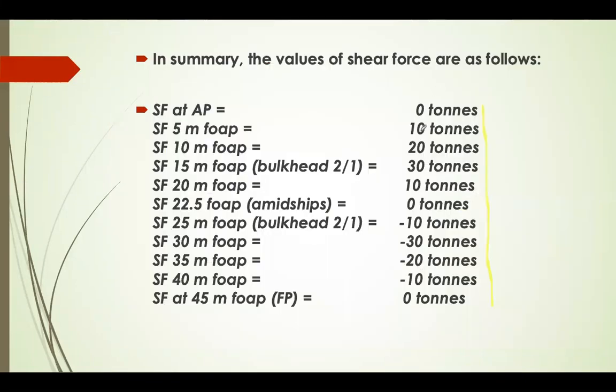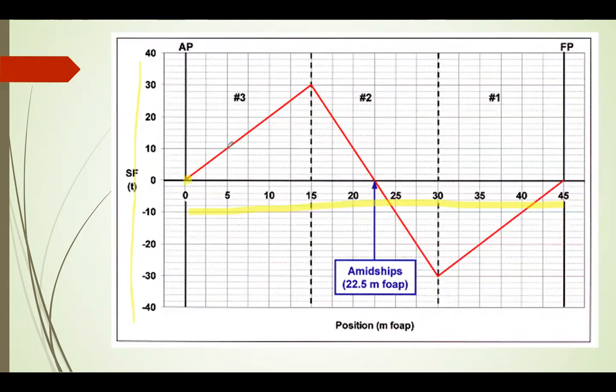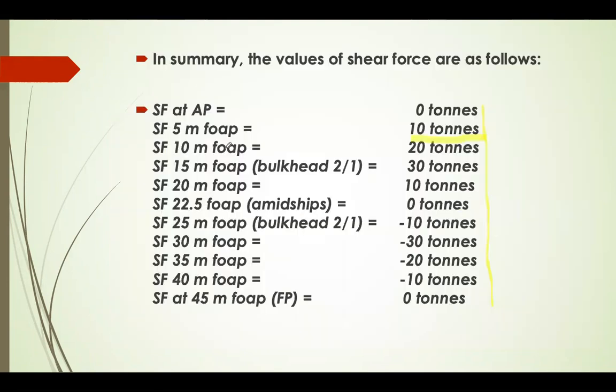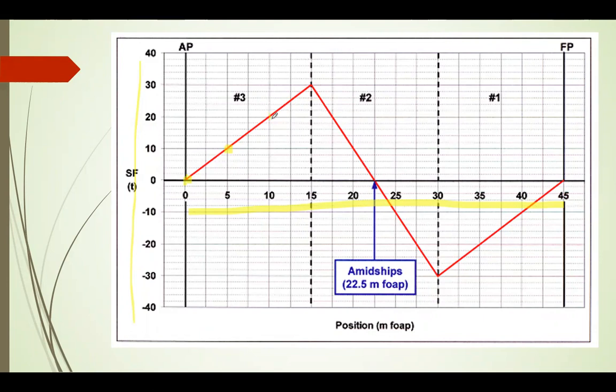At 5 meters, it was 10 tons. So we are plotting it at 10. Again at 10 meters, it was 20 tons. So you're plotting it here. In the same fashion, you plot all the values, you will be getting this graph. It goes maximum up to here, then comes back at midship, then goes on the negative side and comes back to 0. So this is how your shearing force will look like.